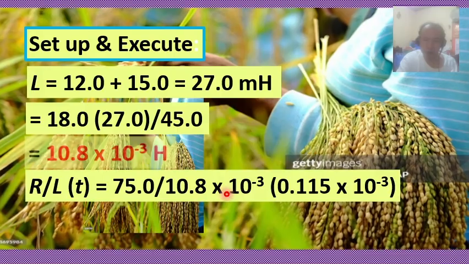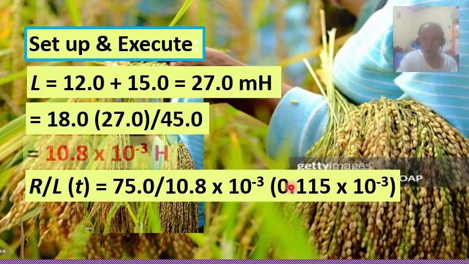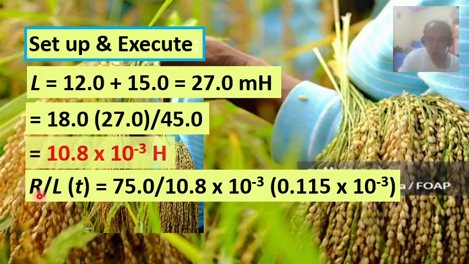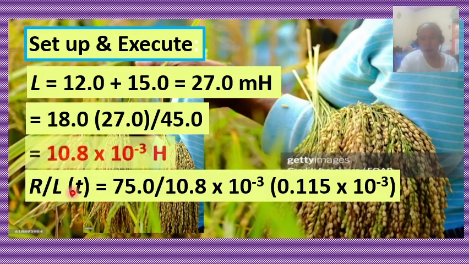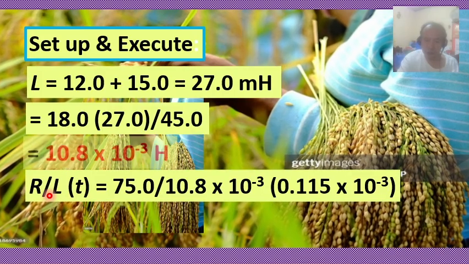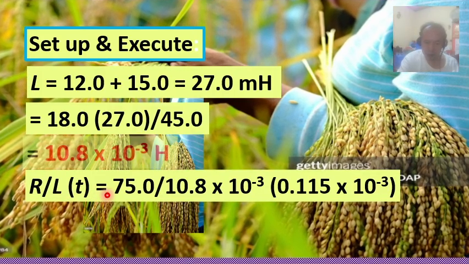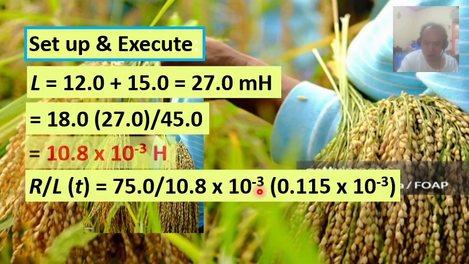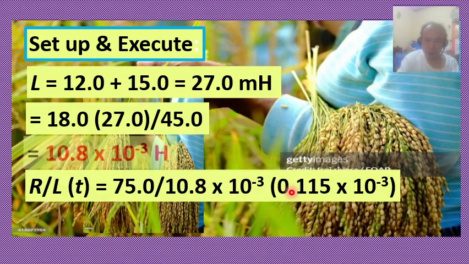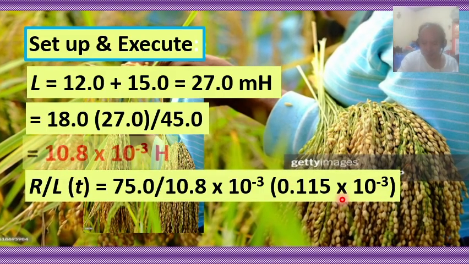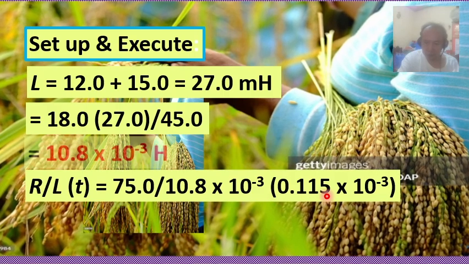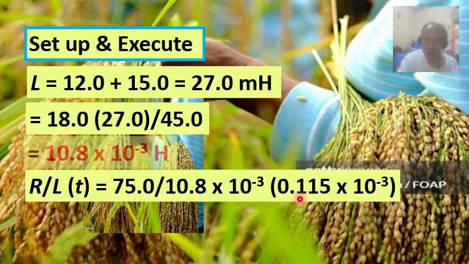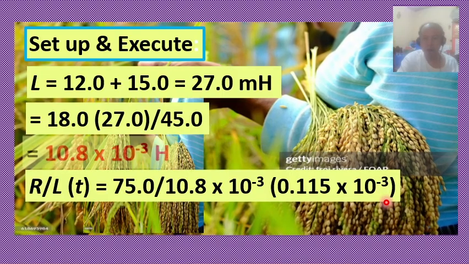And again, part of our preparation for determining the instantaneous current at a certain instant, we also compute here the negative power of the Euler's number, R over L times the time t, or 75.0 ohms divided by 10.8 times 10 to the negative 3 Henry, and then multiplied by the time, at an instant equal to 0.115 millisecond, which is the same as 0.115 times 10 to the negative 3 seconds.